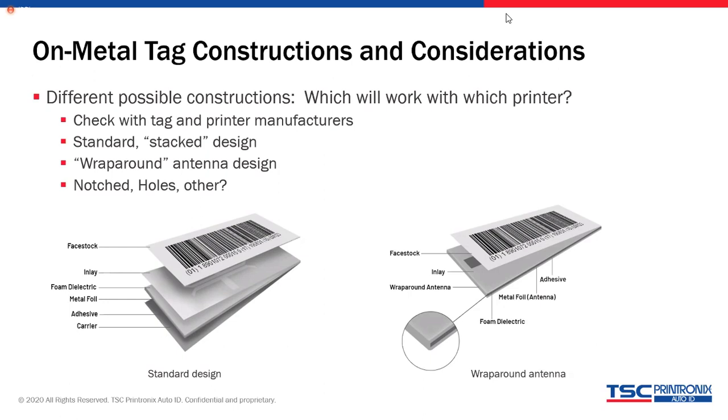The point here is that these different constructions can affect which tag will work with which printer. So you want to discuss this with the tag manufacturer. Which particular construction have they used for which of their various tags? They will use different constructions for different tags. And which printers does a particular tag work with? And then again, go back also to the printer manufacturer and check if a tag will work with that printer.